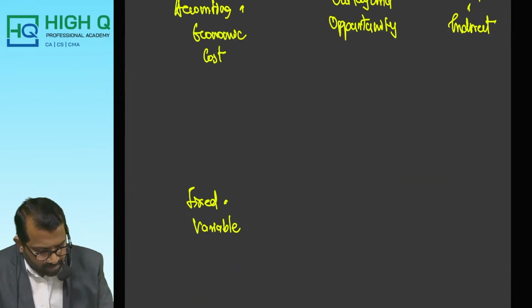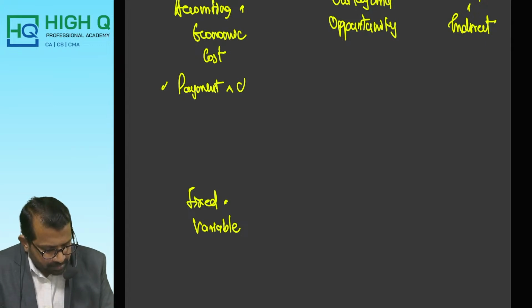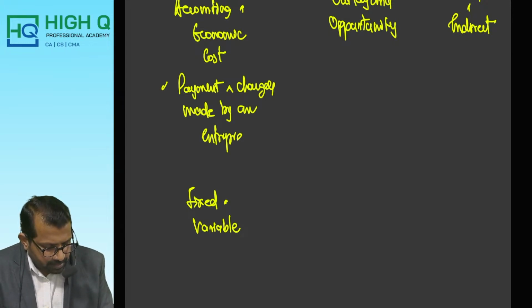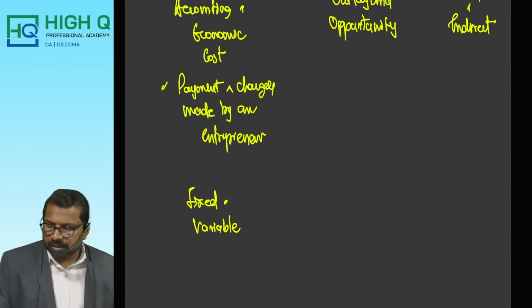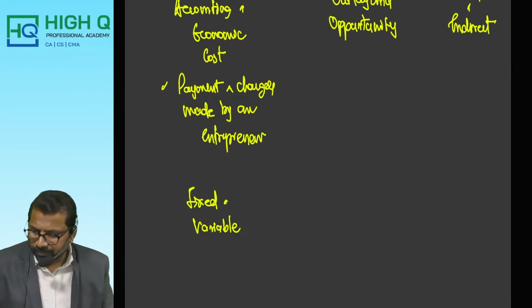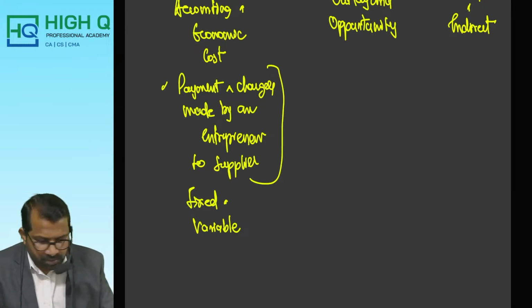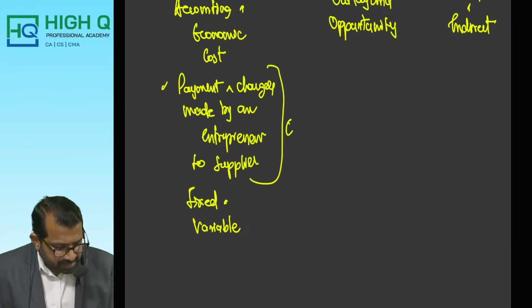Accounting and economic cost means payment and charges made by an entrepreneur to a supplier. It is also called as explicit cost.